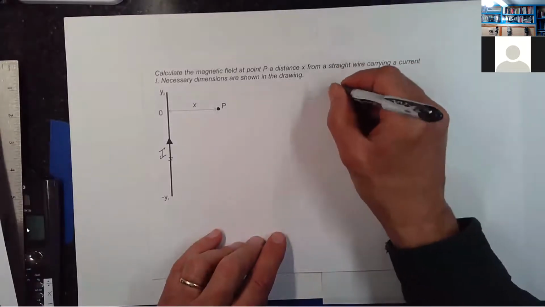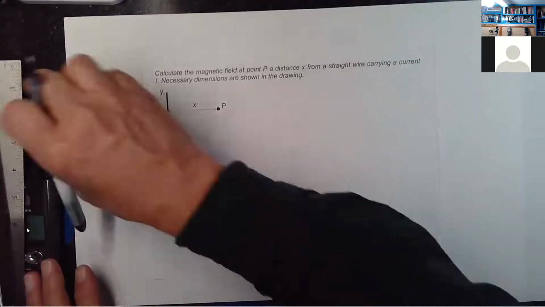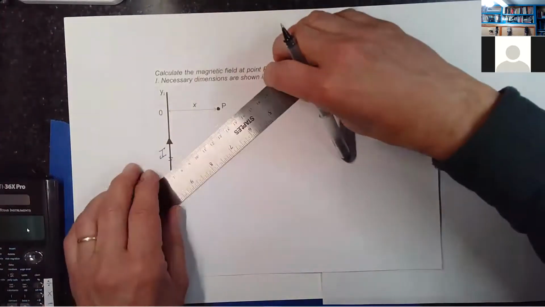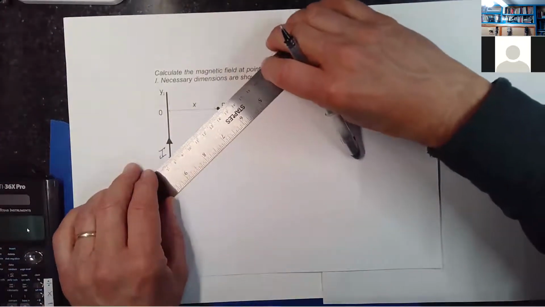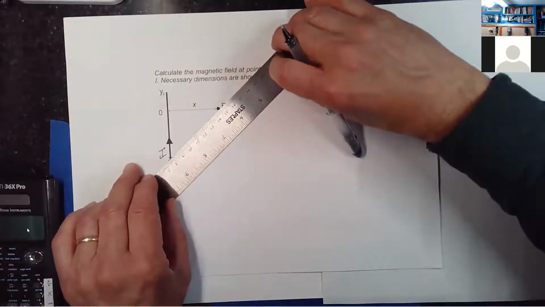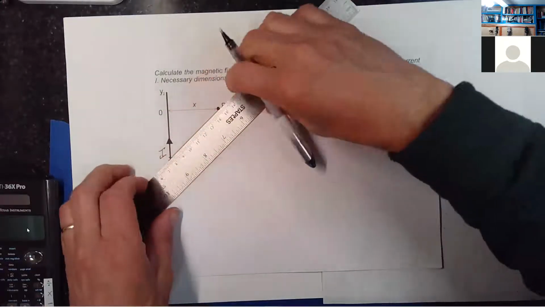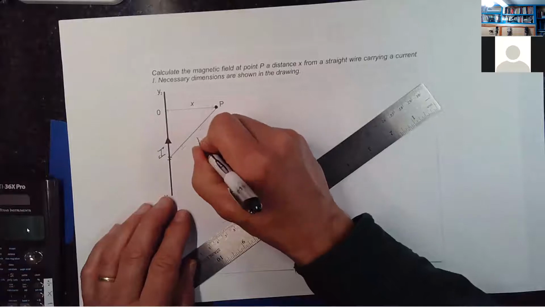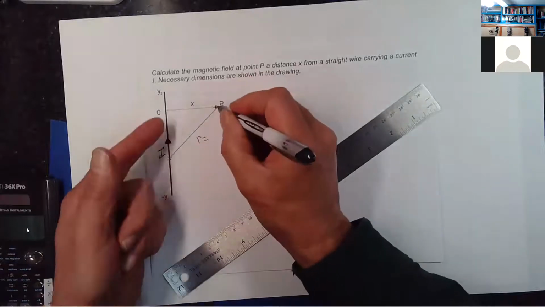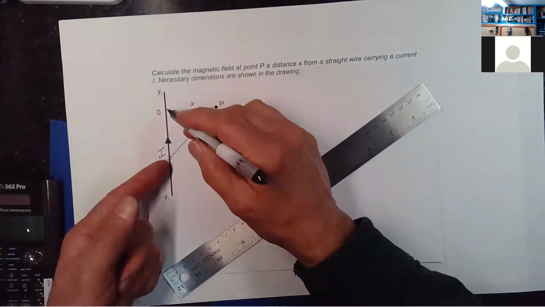So again, let's figure out the magnetic field at point P due to some little charge there. Our distance r here is going to equal the square root of x squared plus y squared.